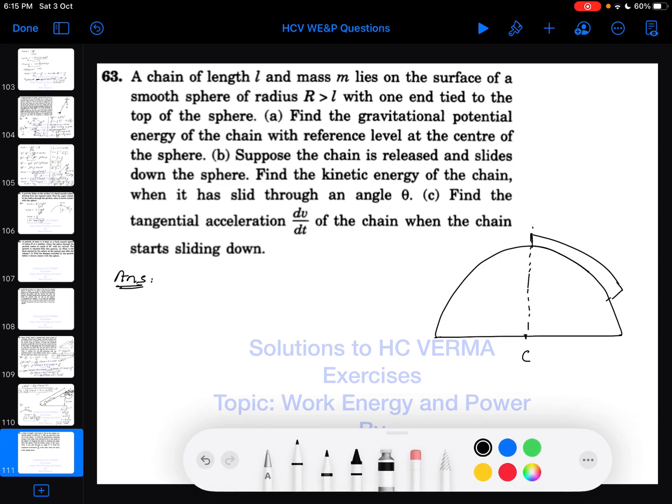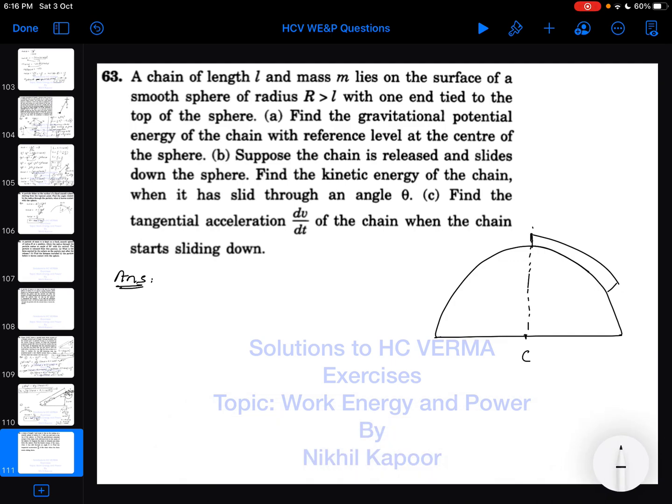So that is our chain. Let's draw it nicely, because for better understanding the drawing must be clear. This is nothing but the chain, and its length is L, while the radius of the circle is R.